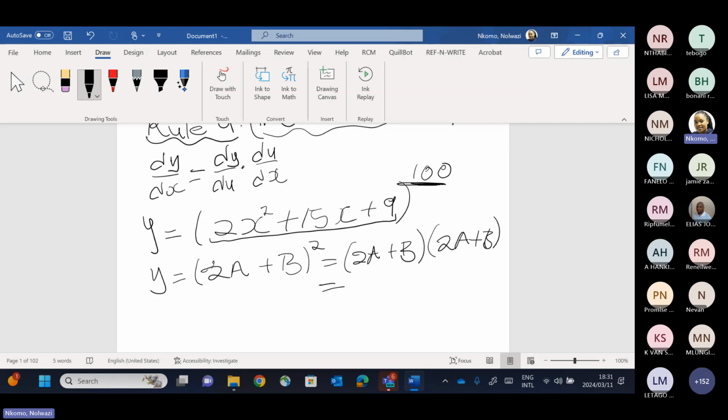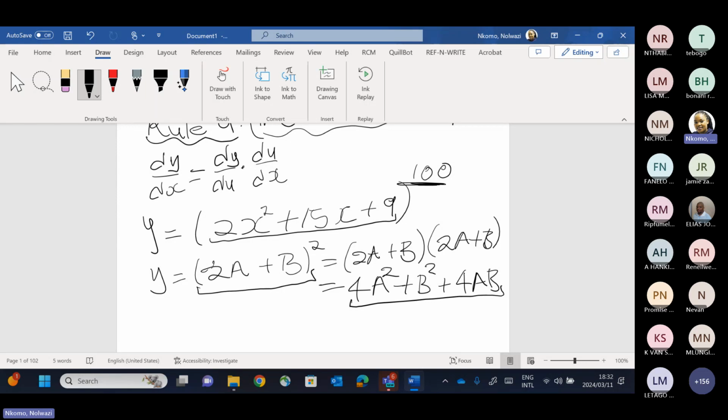If you expand these brackets, you'll have something like 4a squared plus b squared plus 4ab, right? After simplifying this function, we can easily differentiate it because you can use the power rule, right?